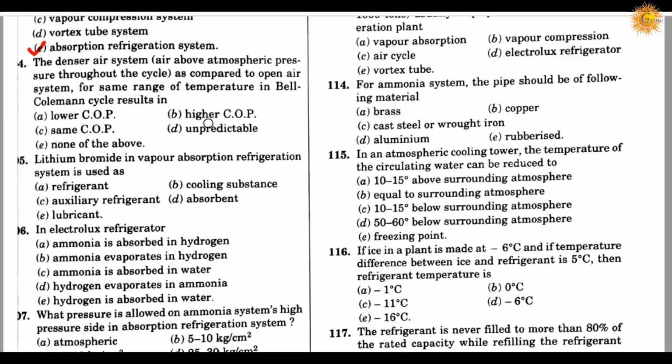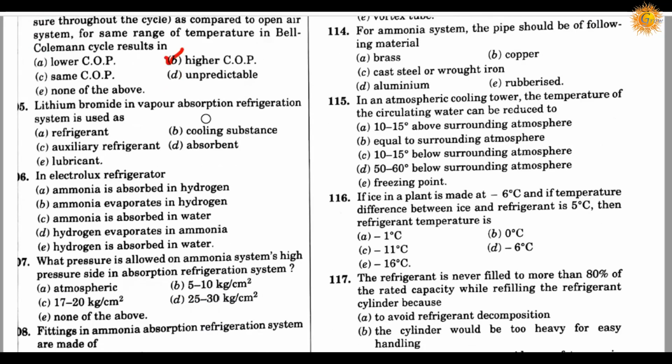Option B, higher COP. Option C, same COP. Option D, unpredictable. Option E, none of the above. So the correct answer is B, higher COP.